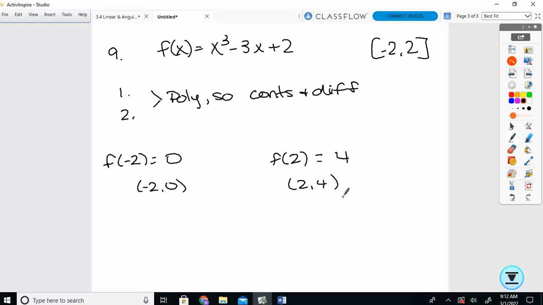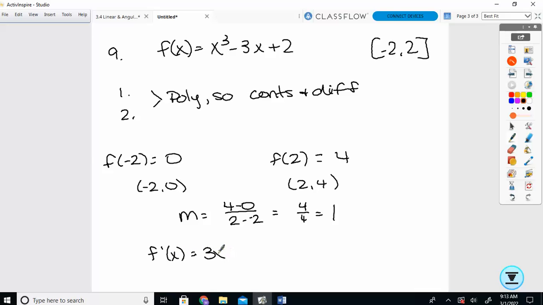Is everybody with me there? So then we have to find the slope between them. So we know slope is y sub 2 minus y sub 1 over x sub 2 minus x sub 1. So we get 1.